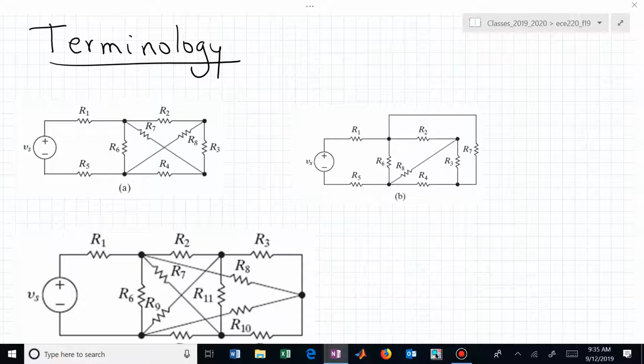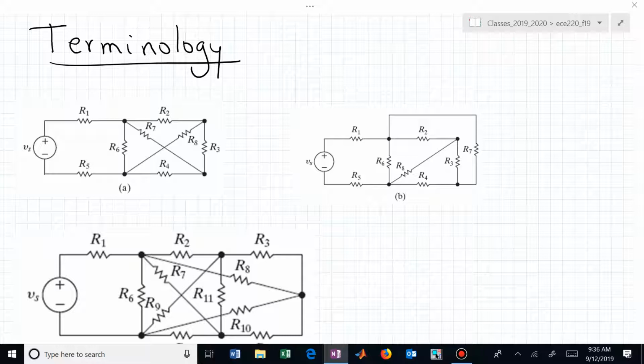The top two, A and B, those are exactly the same circuit. It's just that we've pulled one of those, morphed one of the wire connections, R7, to be outside of R2 and R3. And so you can see, even though it looks like they overlap, now you can see that, oh, I have, we'll call them meshes, little picture windows that don't have any crossing wires in them.